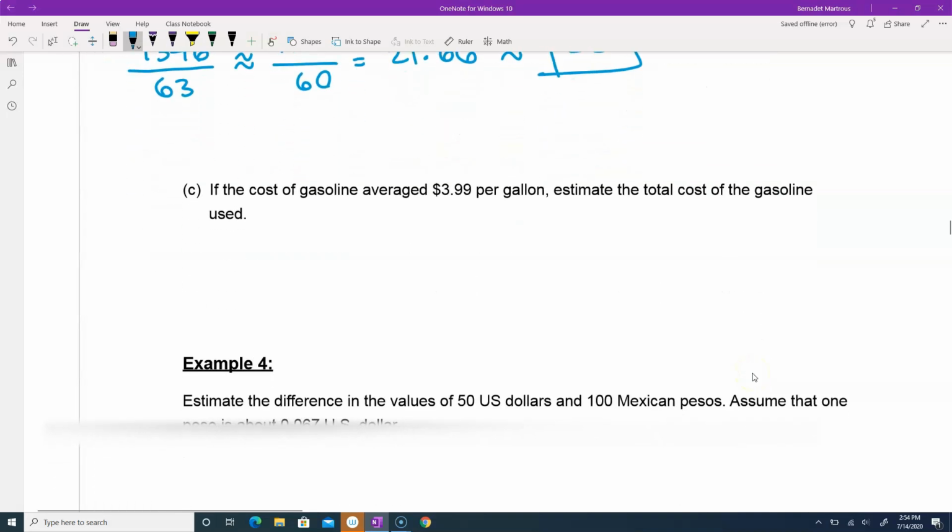If the cost of gasoline averaged $3.99 per gallon, estimate the total cost of the gasoline used. Estimate by rounding that one to the nearest dollar.